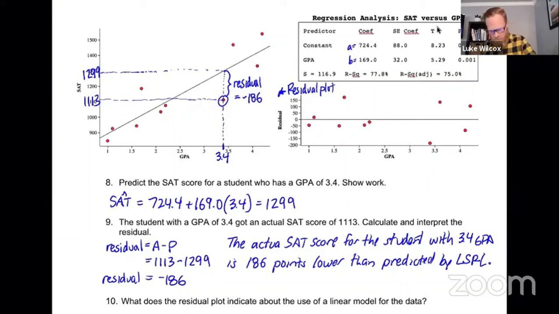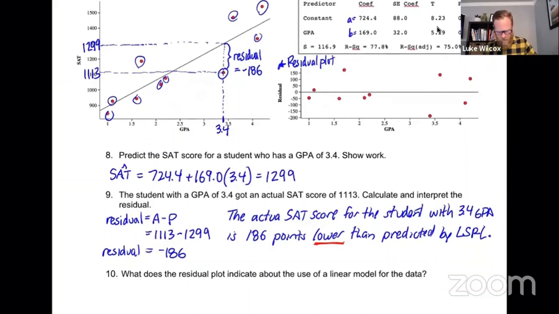And you'll notice here, very important is that I'm using this word lower. That explains why we have a negative value for our residual, because the actual value is less than the predicted. And so sure enough, if you look at the scatter plot, any of these values that are below the line of best fit, those are all going to have negative residuals. And all these values above the line of best fit, well, those are going to have positive residuals.